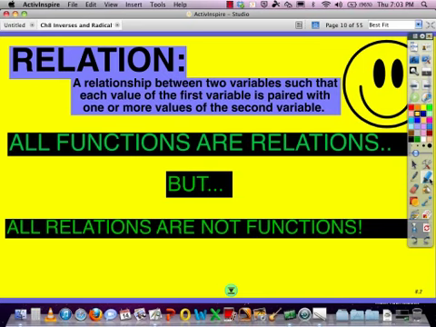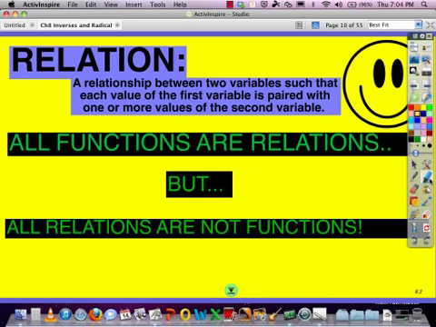So each x could be corresponding to only one y. Now we're saying anything goes, because each value of the first is paired with one or more values of the second. So I could have 1, 3, 1, 4, 1, 5, 1, -8, 2, 5, 2, -8. Anything works if we're in a relation.